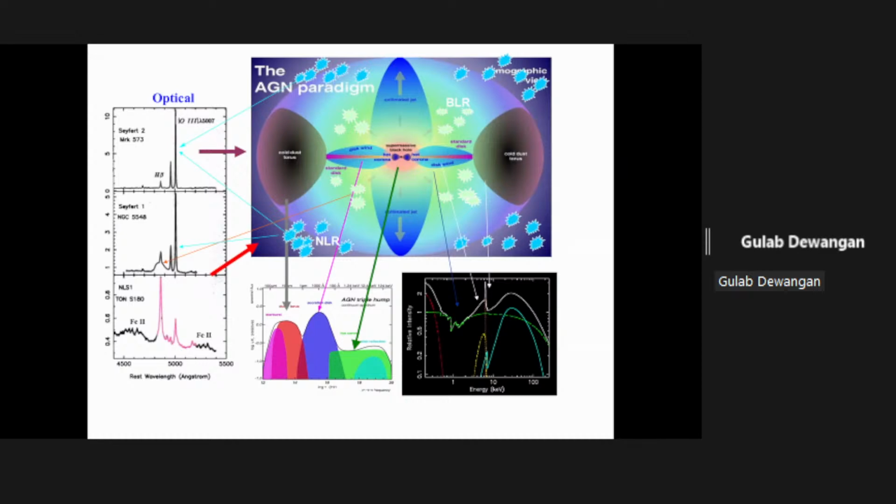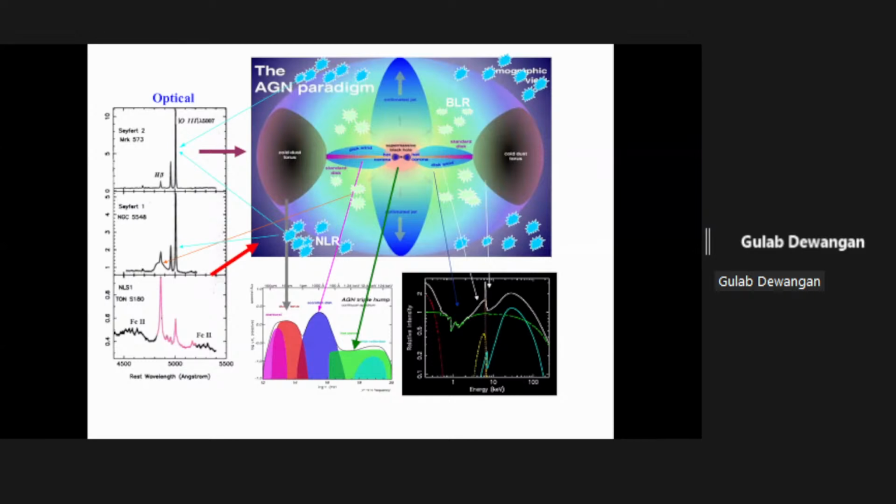Many of these widely different observational properties can be explained in the AGN paradigm, which says that AGNs have more or less similar central engines, and the difference in observed properties is basically due to our different lines of sight to the central engine.